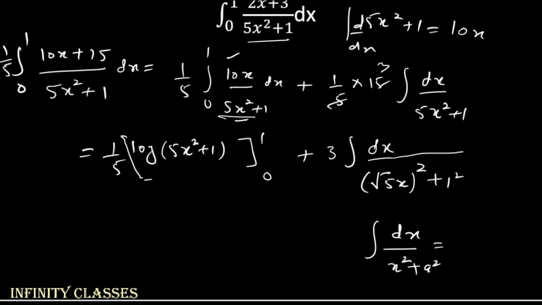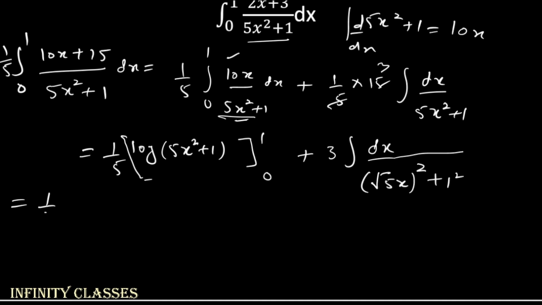Kindly remember all these identities so that you can apply them. So it will be 1 upon a tan inverse x upon a. This is our result, so we will use this in this formula. So directly use this. There are 9 such formulas, so remember all formulas.